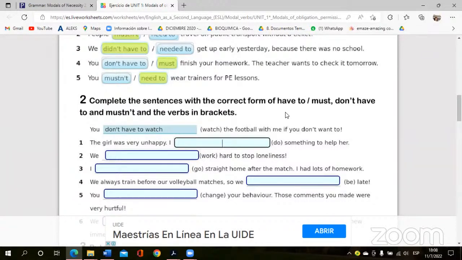In that case, you could use, for example, have to, must, don't have to, mustn't, and with the verbs that you have in brackets.